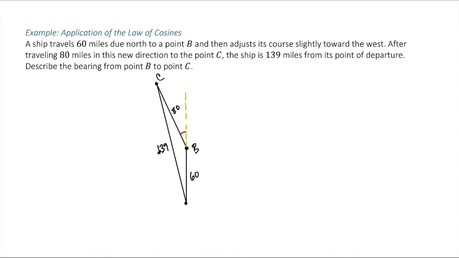We have a side-side-side triangle here, so we can use the law of cosines. The law of cosines with angle B is going to be b squared equals a squared plus c squared minus 2ac cosine of the angle B. Plugging in all of our sides, we have side b, so 139 squared, equals a squared, that's going to be this one down here, 60 squared, plus... that is not what a is.